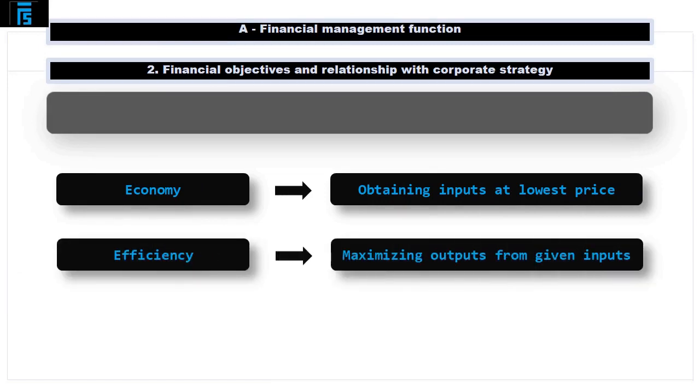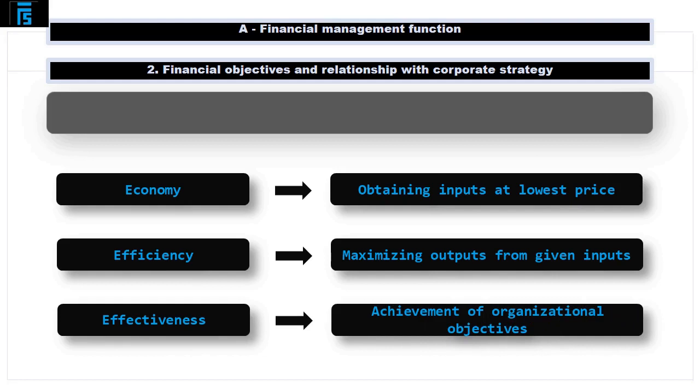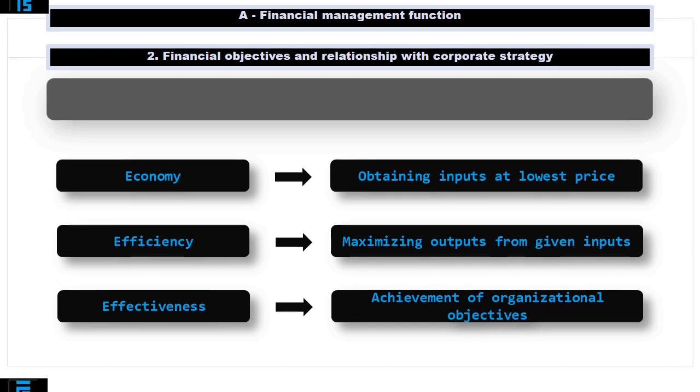Efficiency refers to maximizing the outputs from any given quantity of inputs, and effectiveness refers to the achievement of organizational objectives. As with the 3 decisions outlined above, financing, investment, and dividends, again, it is the interaction of the 3 E's that is important, and in particular, achieving an appropriate balance between them.